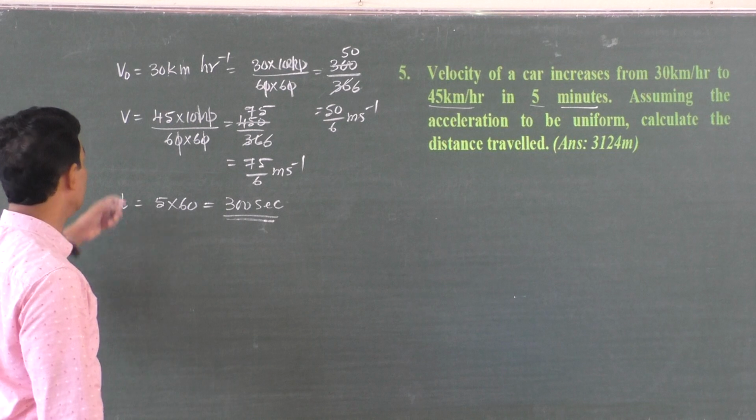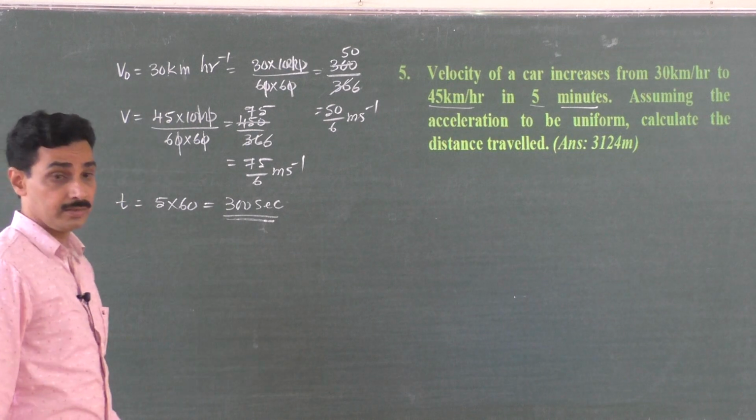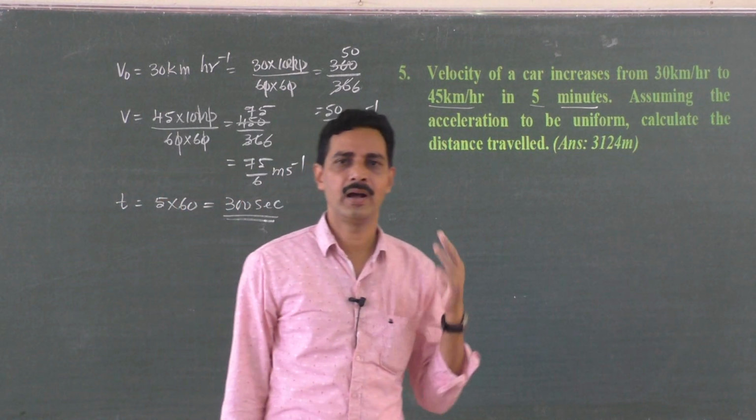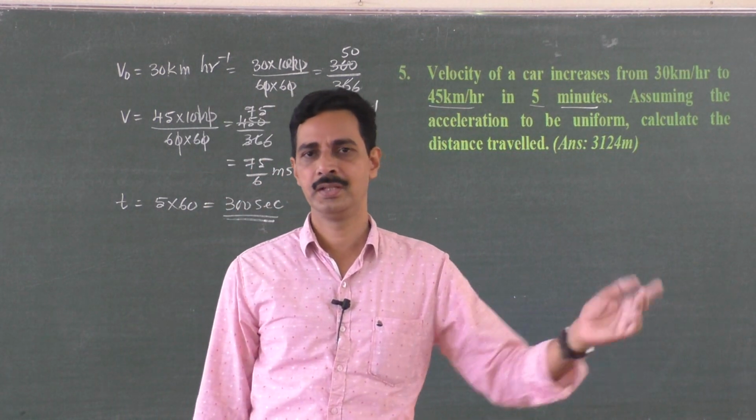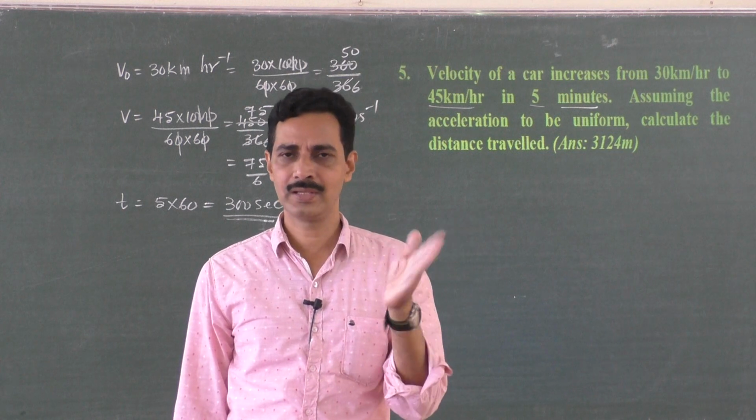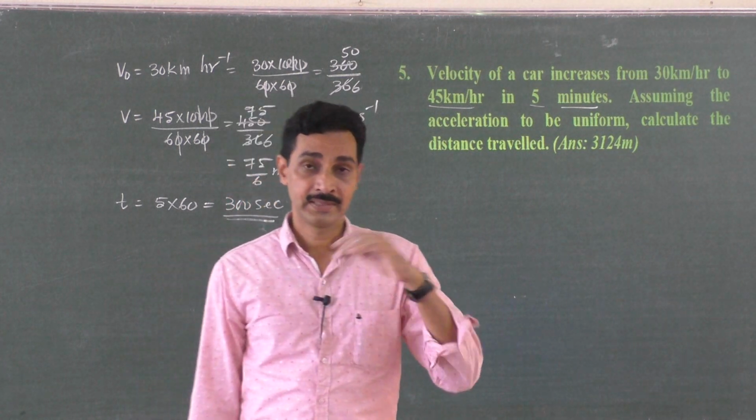You see, v naught t. In the three equations of motion you always have acceleration. There is no equation of motion without acceleration, except uniform velocity, where if you put a equal to 0 you get v equal to x by t. Everywhere else you need a.